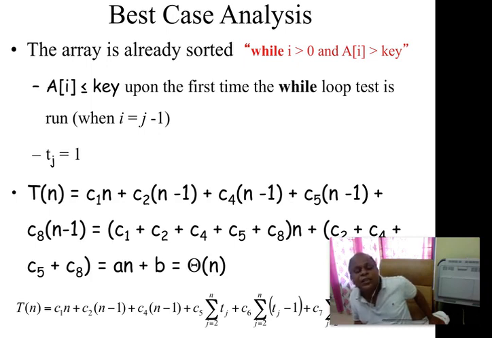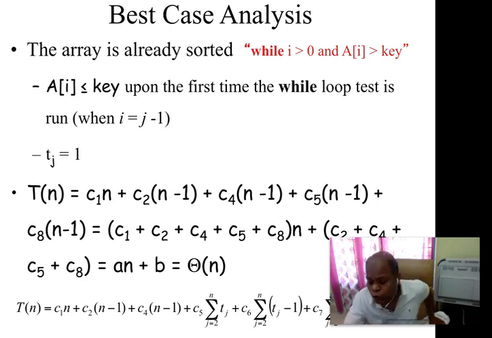Hence it is equal to an plus b. If Tn is equal to an plus b, then it is theta of n, a tight bound, which means it is linear in time. Hence the time complexity of the best case analysis of insertion sort is theta of n.